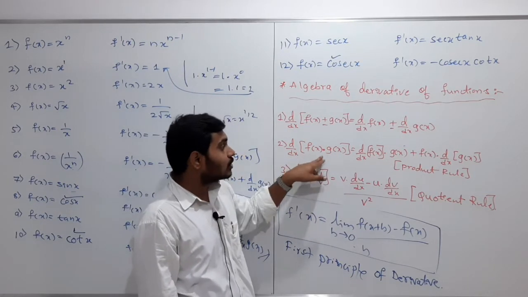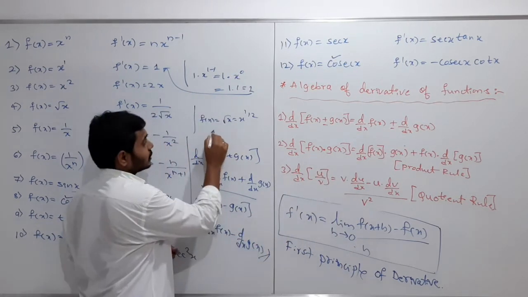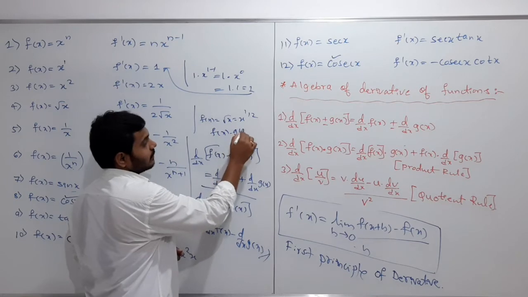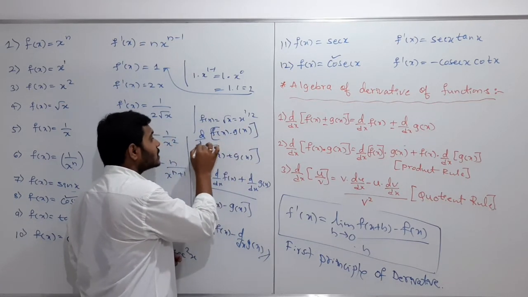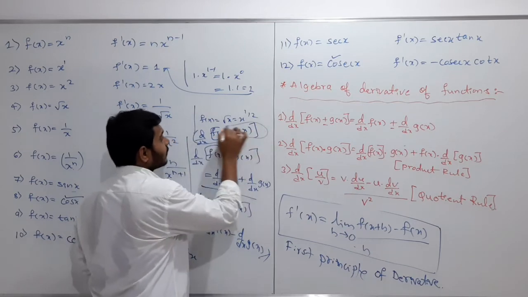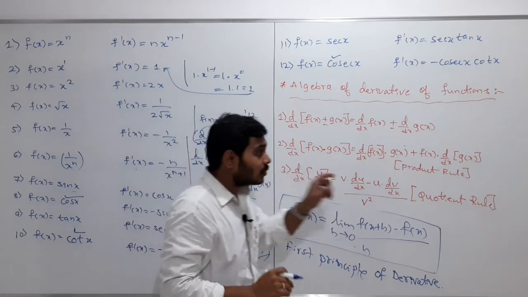Like that, if I have two functions f of x and g of x and I wanted to calculate the derivative of their product, we should use the product rule. So what is the product rule?